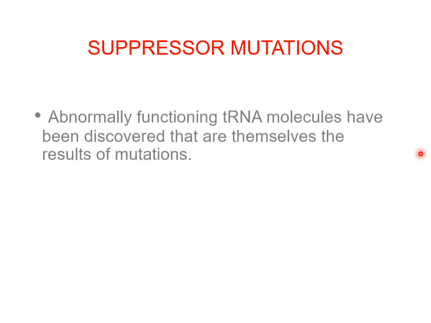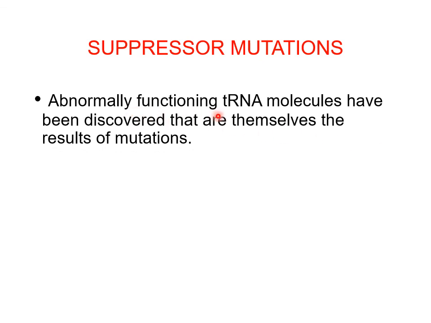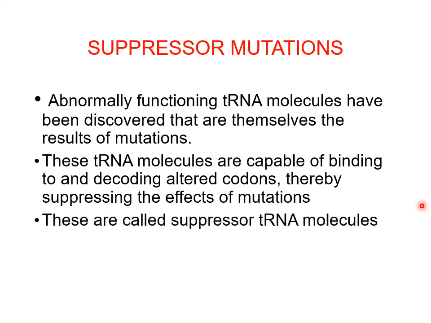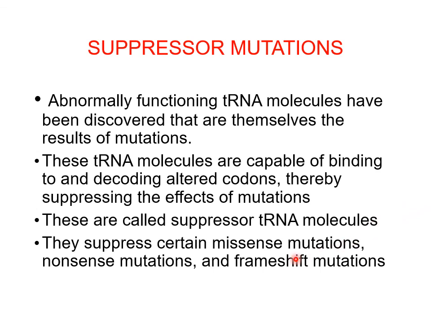There is one more type of mutation called suppressor mutations. In prokaryotes and lower eukaryotic organisms, abnormally functioning tRNA molecules have been discovered that are themselves the results of mutations. That is, these tRNA molecules occur because of mutations in their anticodon arms. Now, these tRNA molecules are capable of binding to and decoding the altered codons, thereby they can suppress the effects of different types of mutations like missense mutations, nonsense mutations, and frame shift mutations.